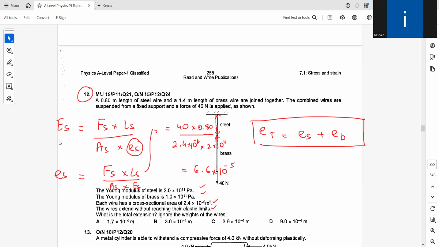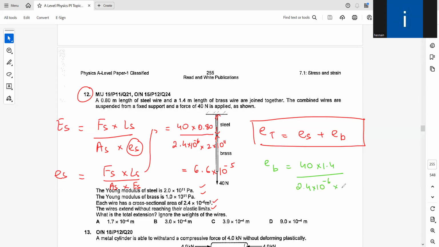Using the same equation, we can find the extension of the brass. What's the force? 40. What's the original length? 1.4. What's the Young's modulus? That's 1 exponent 11. And the area is the same, 2.4 exponent minus 6.